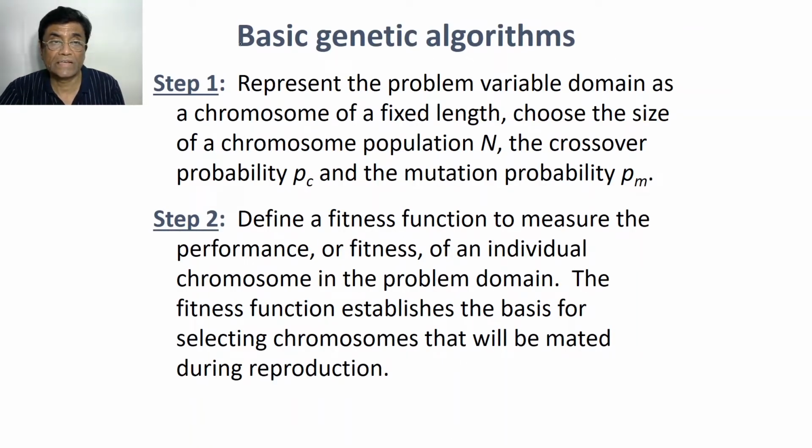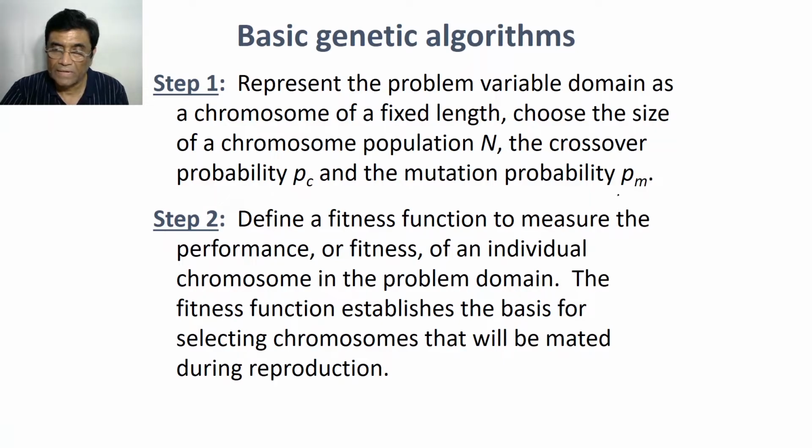Let us try to understand. So this is what I have told: crossover probability PC, mutation probability. Mutation is a very rare phenomenon. You only use it for making your algorithm come out from the local optima trap. Okay, so this has to be carefully done.